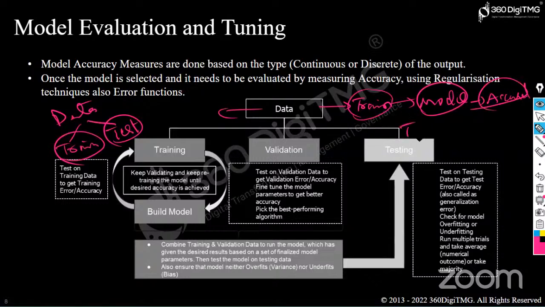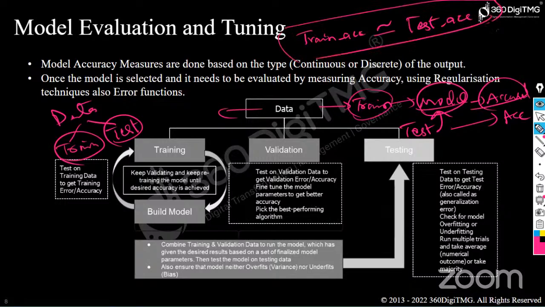The same test data will be passed directly to the model to get the accuracy. The accuracy on the train data should be almost similar to the test accuracy, because the pattern in the train data also matches the pattern in the test data.